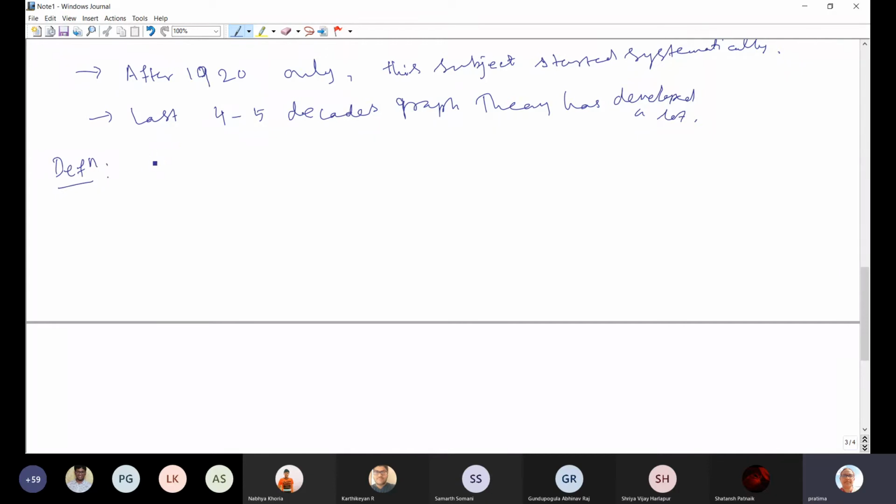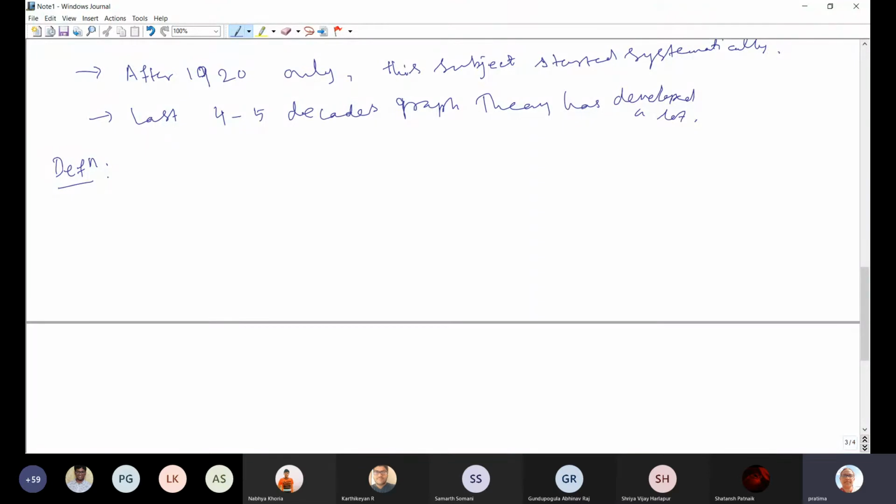Well, I have told you about a simple graph. Have I told you simple graph? Okay, let me define it otherwise. So we say that a graph is a simple graph. Graph means undirected graph. For directed graph, we shall use the terminology digraph or directed graph.